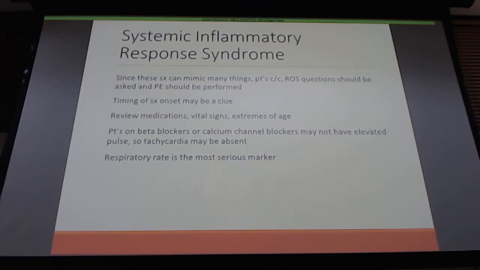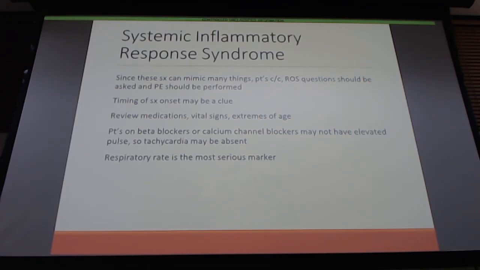Big key for this is HPI, just like fever of unknown origin. How do you figure that out? Big key is HPI. Where have you been? What are you doing? What have you done? What have you eaten? Have you taken any new medications?